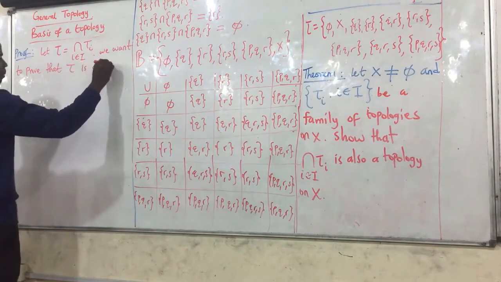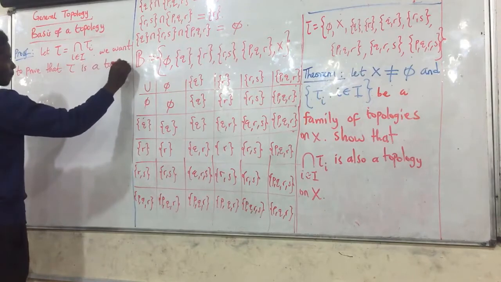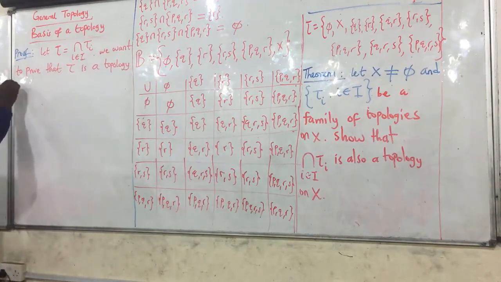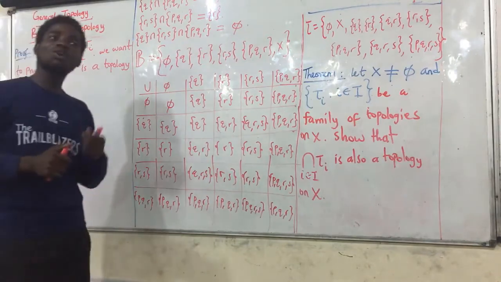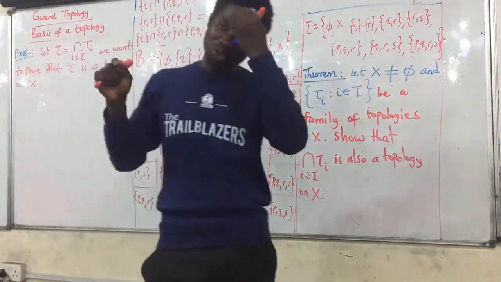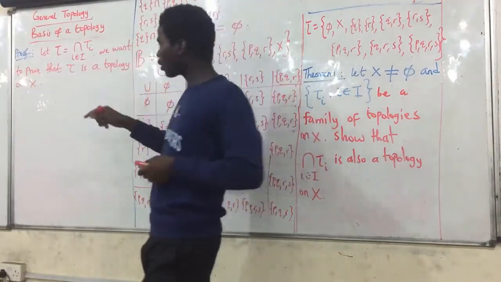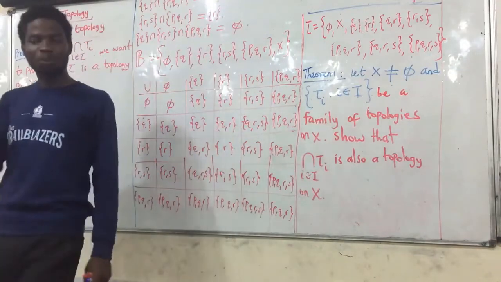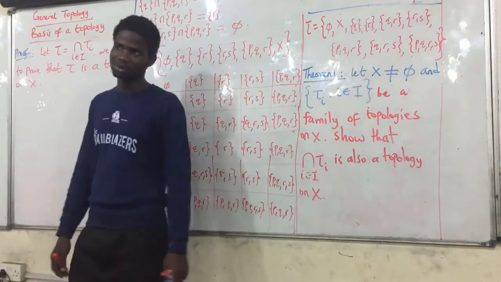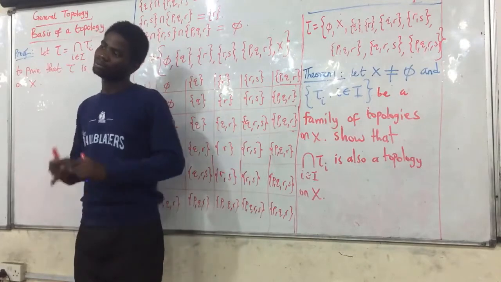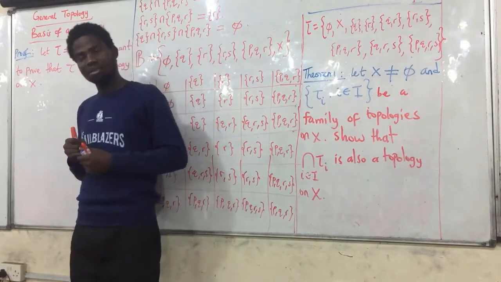I've defined what a topology is for you before. If you want to know that something is a topology, what do we prove? One, that the empty set and X itself belong to that topology.